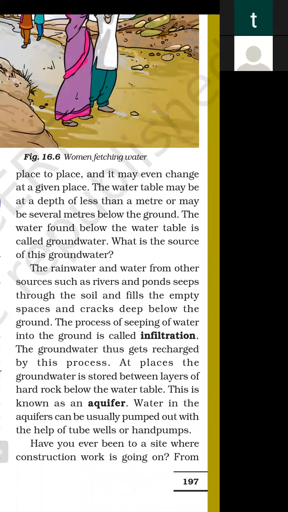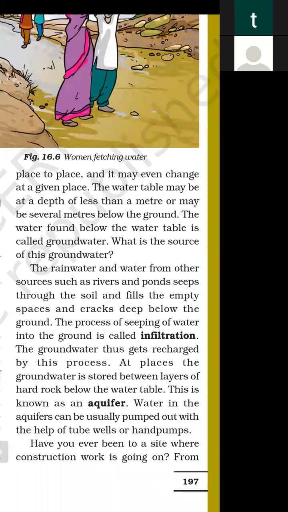The water found below the water table is called groundwater. Groundwater does not mean that the water is on the ground, in a river, lake, or pond. No, that is not groundwater. It is the water below the water table.